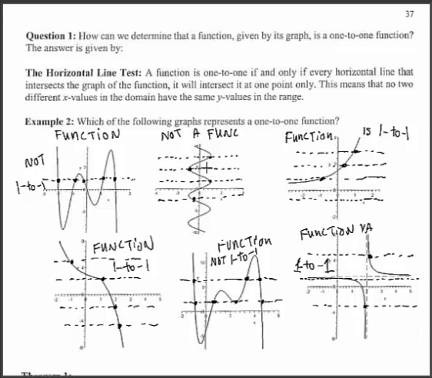This is a relation, and if we were to create its inverse, then the inverse would be a function. This is a one-to-one function, this one on the right here. This one is a one-to-one function. This is a function, but it's not one-to-one. And the last one is also a one-to-one function.